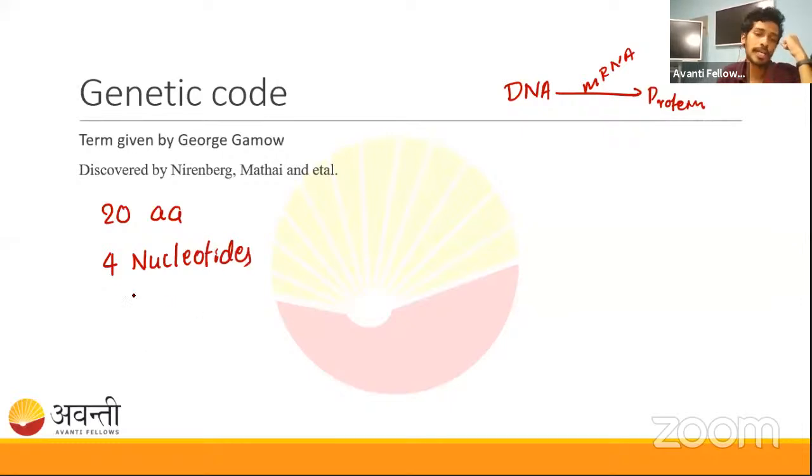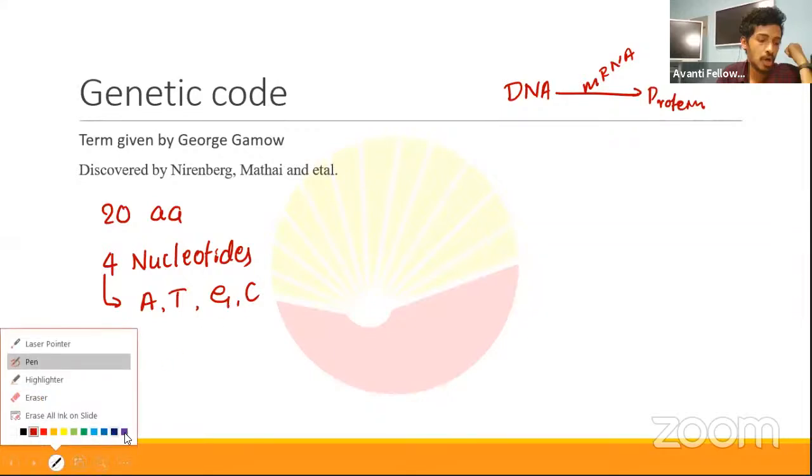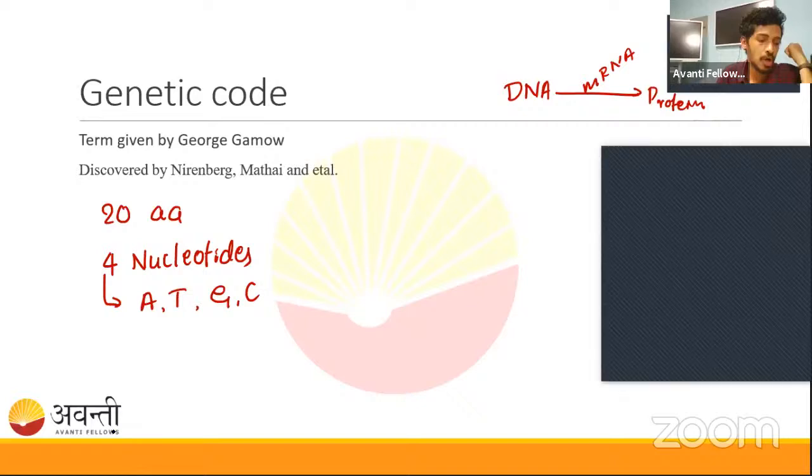What are the 4 nucleotide bases? Purines and pyrimidines, which are A, T, G, C. So 4 nucleotide bases and 20 amino acids. Now we start thinking: how many nucleotides code for a single amino acid? That's the question. So George Gamow started his work.